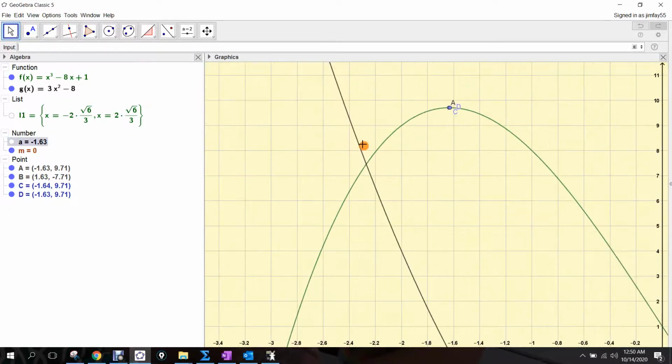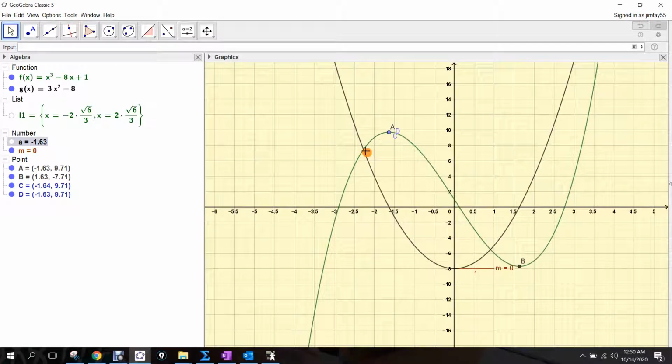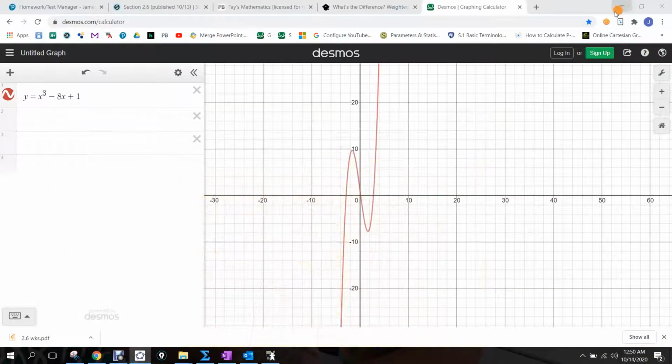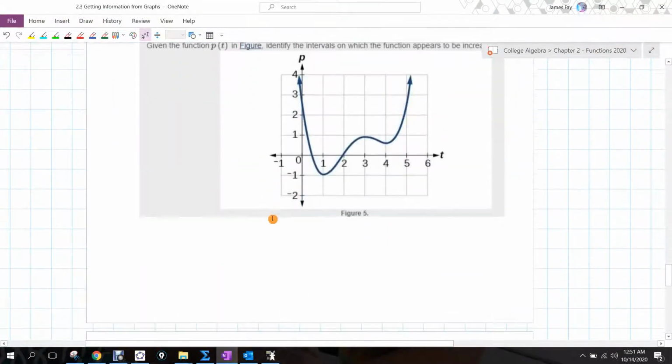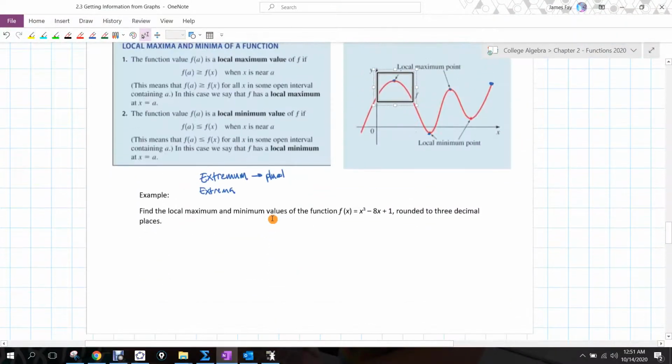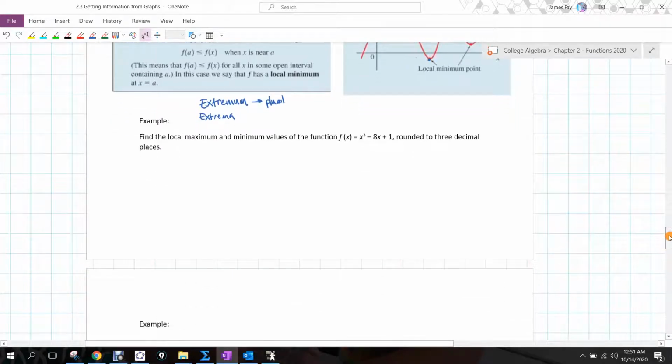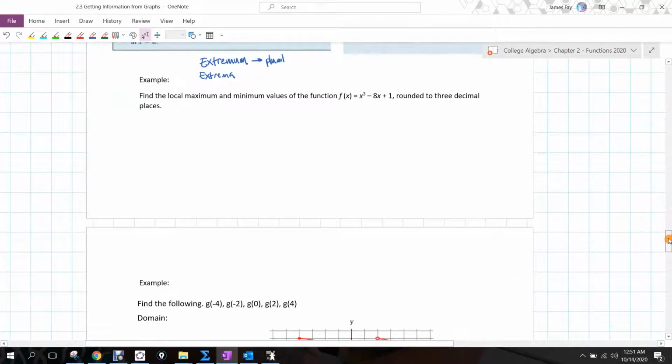Okay, so the whole grand scheme of things, what I'm trying to explain to you here, or show you, is that right now we are limited in how we can find maximum minimums. And we are limited because of our algebra skills to just being able to, at the moment, use technology.